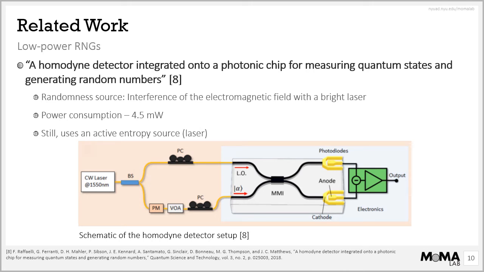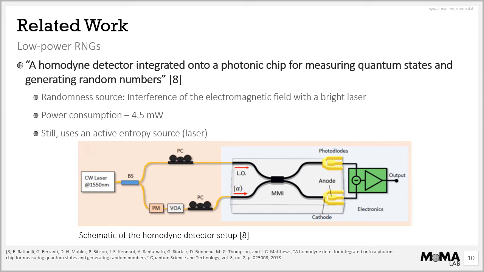While all the previously mentioned solutions present interesting results, none of them focus on minimizing the power consumption of their solution. The closest solution to our work is a true RNG mechanism with low power properties, and it's based on homodyne detection. Homodyne detection means that the solution is extracting information from an oscillating signal by comparing that signal with a standard unmodified oscillation.